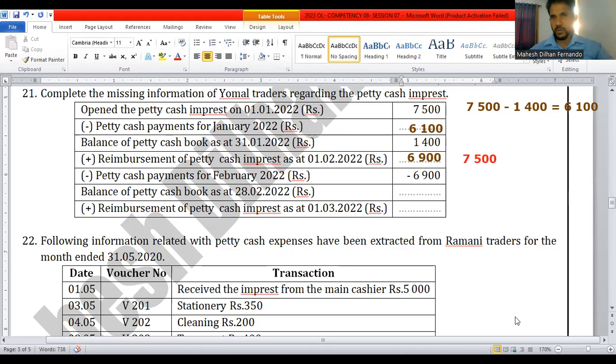It is obtained like this: 1,400 plus 6,100 equals 7,500. Again, out of this 7,500, we are spending 6,900.